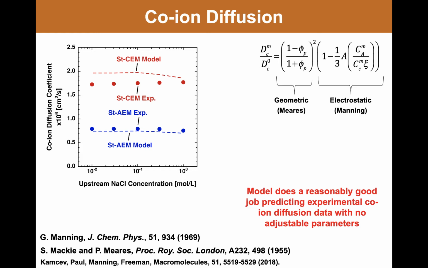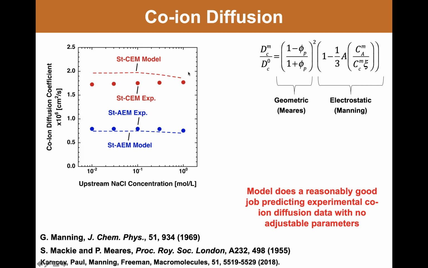This would be the number of sulfonates per unit mole of water in the membrane. And it depends on the co-ion concentration in the membrane. This we will know or have measured, and it depends on the Manning parameter, and that we will know or have calculated. And so together with this model, this is showing the co-ion diffusion coefficients in the cation exchange membrane.